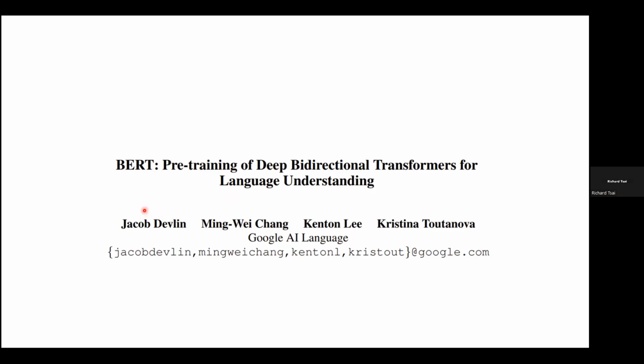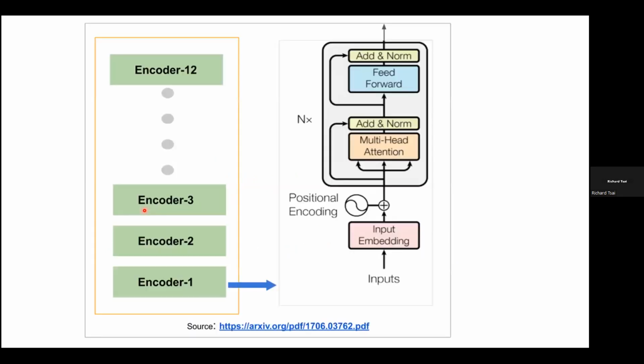BERT's innovative approach to pre-training played a pivotal role in improving performance on a wide range of NLP tasks. So you can observe that this specifically covers the encoder portion of the transformer model.